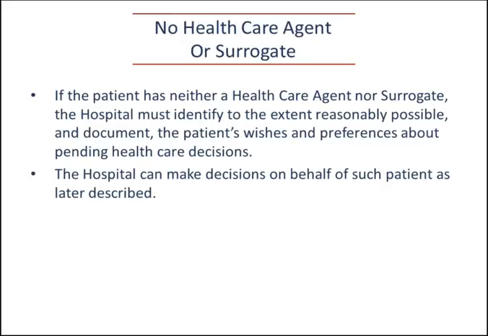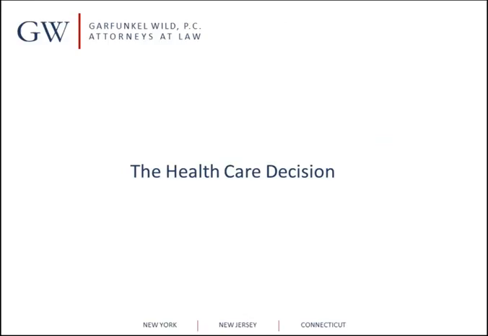If there is no healthcare agent or surrogate, then the hospital must identify, to the extent reasonably possible, and then document the patient's wishes and preferences about pending healthcare decisions. The hospital can then make decisions on behalf of the patient, as we'll talk about in the next few slides.